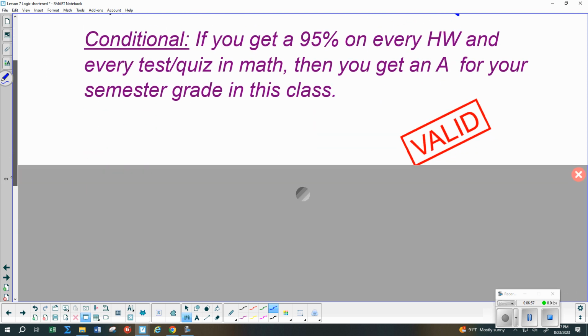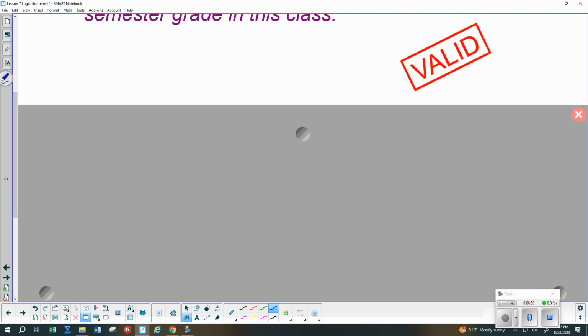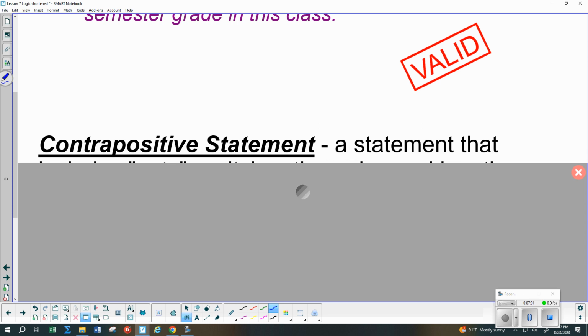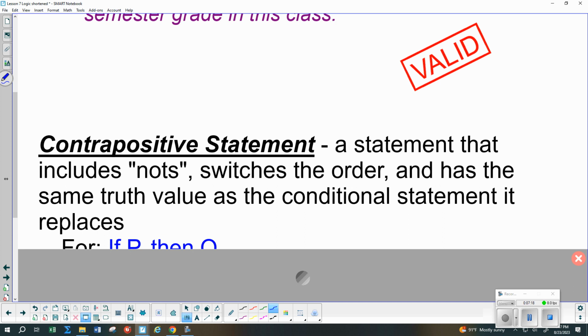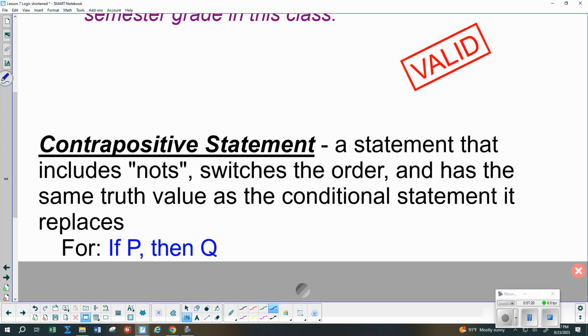Okay, the other one that is going to be a valid argument has a really long name, the contrapositive. It is going to switch the ifs and the thens, and it is going to put nots in each of those two clauses. It's going to put nots in and switch the order.